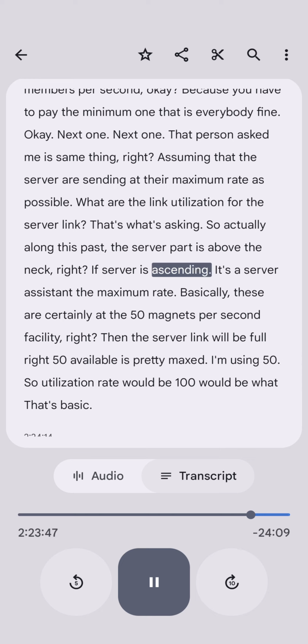If the server is sending at maximum rate, basically it is sending at 50 megabits per second. That's the rate, right? Then the server link will be full. 50 available, and I'm using 50, so the utilization rate would be 100%. It would be 1. Make sense? That's basic.